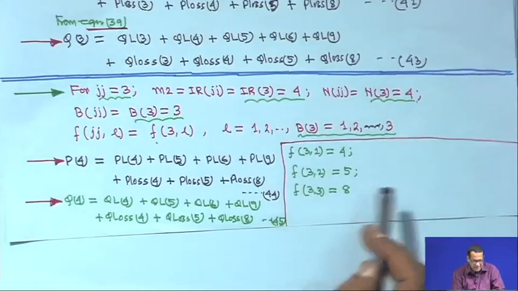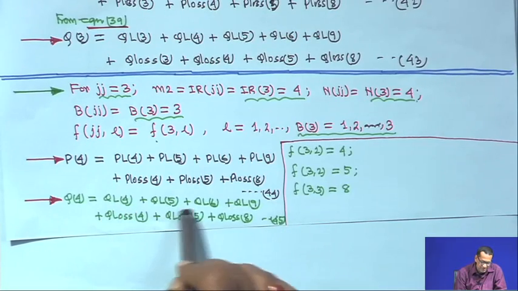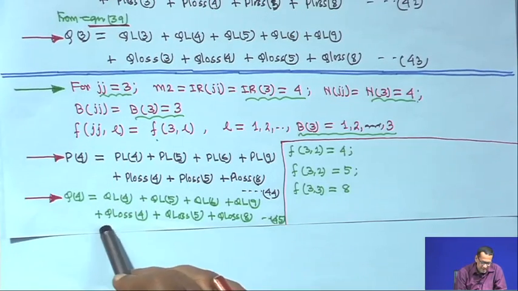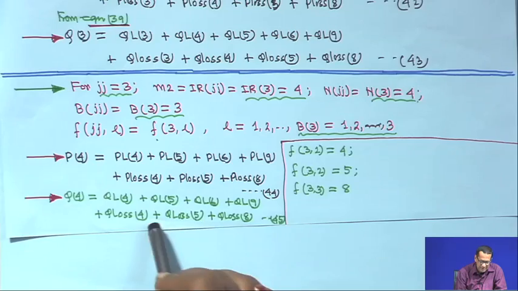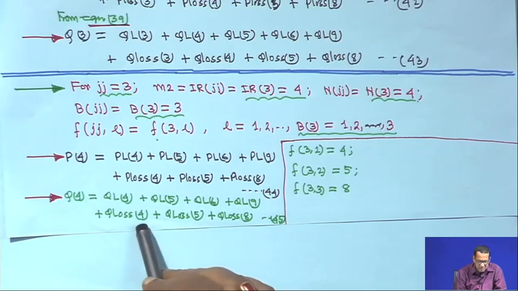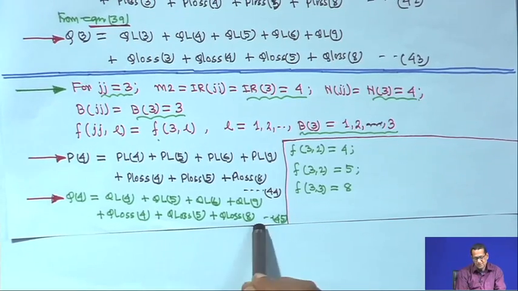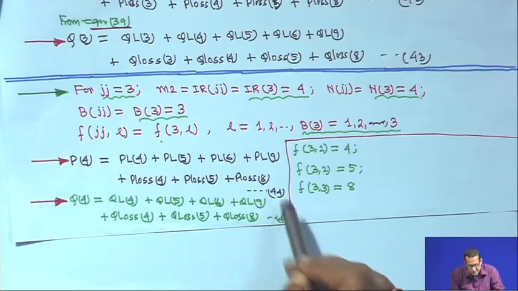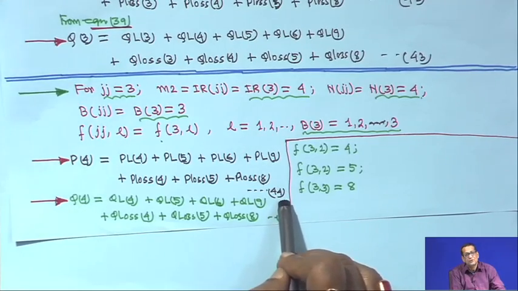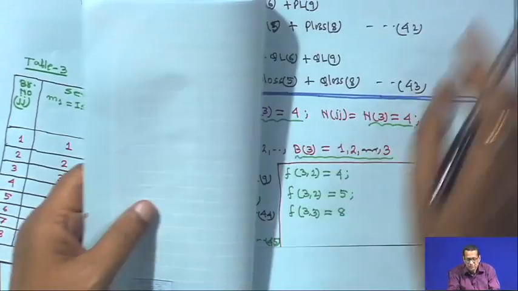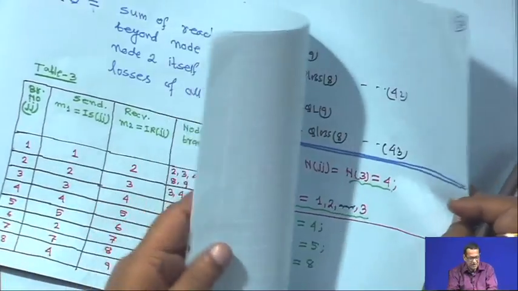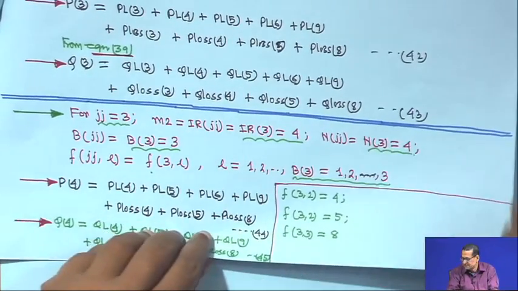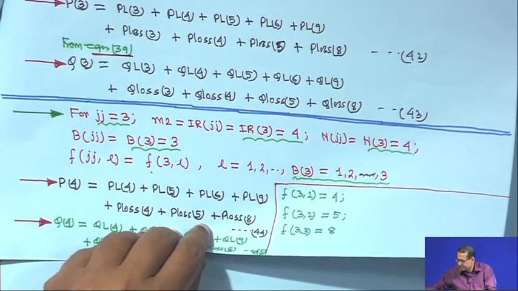Similarly, Q4 is QL4 plus QL5 plus QL6 plus QL9 and plus Q loss 4, plus Q loss 5 plus Q loss 8, for the 3 branches 4, 5 and 8. This is equation 45 and this one is equation 44, right. I hope this is very easy for you to understand.